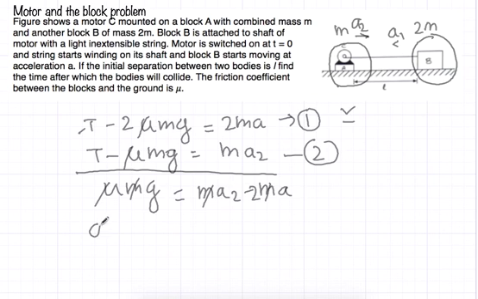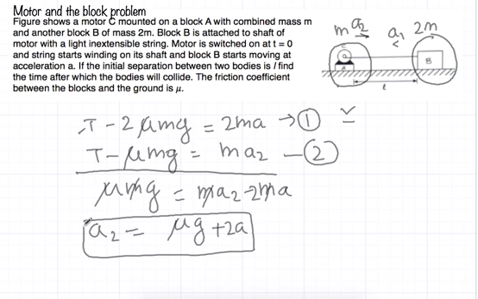So what we are getting, a2 equal to mu g plus 2a. Fair enough. So the acceleration of this body is mu g plus 2a.